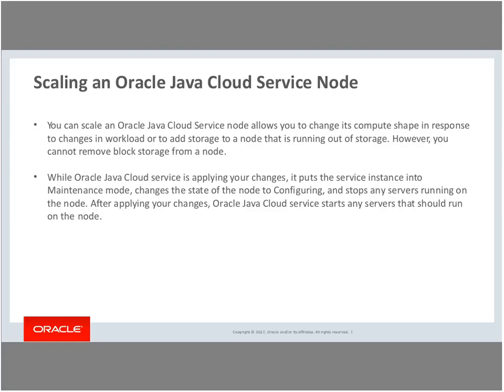While Oracle Java Cloud Service is applying your changes, okay, that's guaranteed. Any of these operations, when you perform them, the service is put in maintenance mode, the state of the node changes to configuring, and any service running on that node is stopped. After applying those changes, your service comes back to the normal state where you can directly access your system.